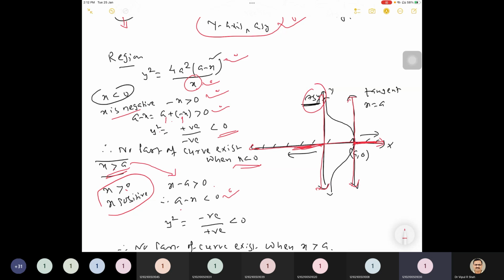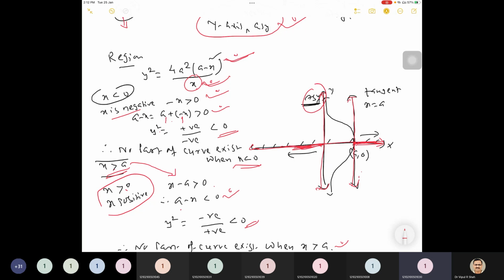So a minus x is negative and x is positive. So negative upon positive is negative. So y square is negative. So no part of the curve exists when x is greater than a. For x less than 0, no part. For x greater than a, no part. The y-axis is the asymptote, A0 is the point, and the line x equal to a is the tangent.